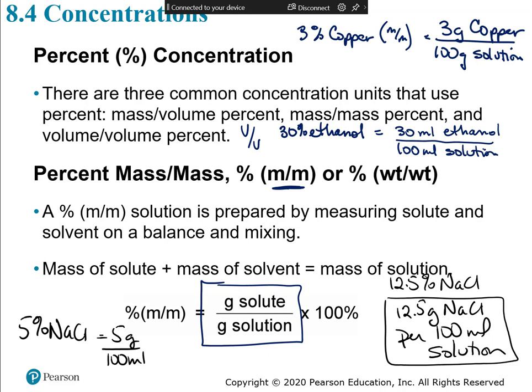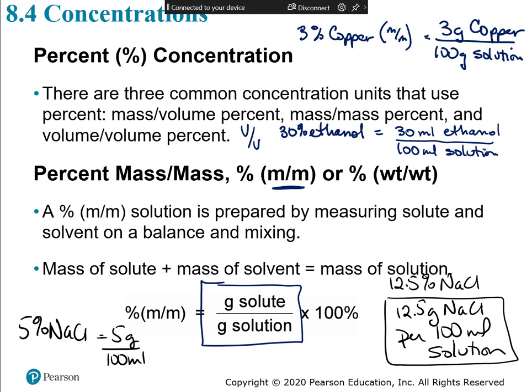Now, the most common one that you're going to see is mass to volume. If you were in lab and we did the osmosis and diffusion lab, you had to make up a 10% solution of sodium chloride. Remember, in doing that, you weighed out 10 grams of sodium chloride, put it in a graduated cylinder, added enough water so that it had a total volume of 100 milliliters, covered it up, shook it, and dissolved it completely.